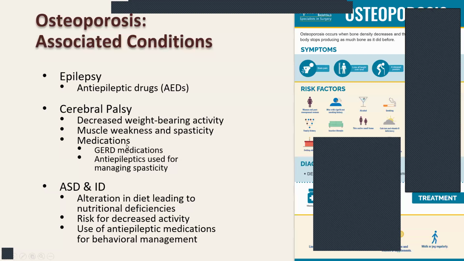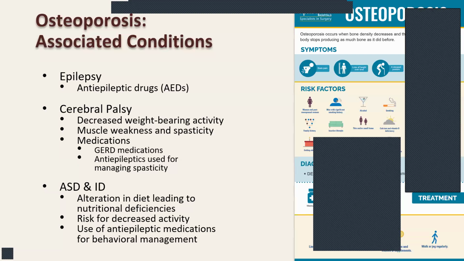But again, when that's the case, generally a doctor will make sure that in addition to prescribing these medications, they're also prescribing a calcium supplement and a vitamin D supplement as well to promote calcium deposits into the bone. And then individuals diagnosed with autism spectrum disorder or an intellectual disability actually have an increased risk for osteoporosis as well.